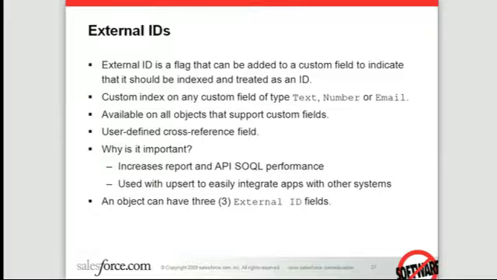Therefore, when we perform an upsert, we can specify that the way I'm going to determine if the record is existing or not is based on the value of that external ID field. Okay? There's a limit in terms of the number of external ID fields per object. You can have up to 3 per object.